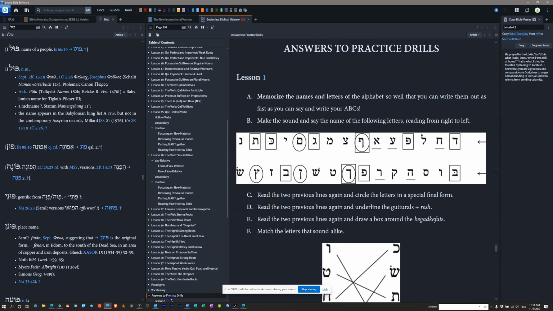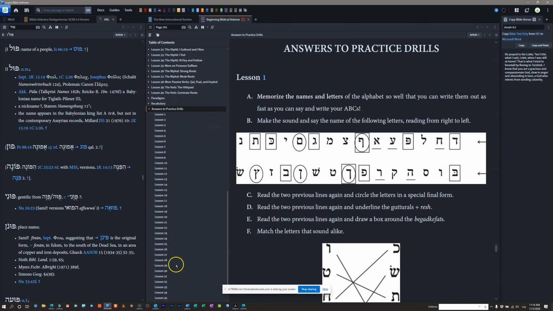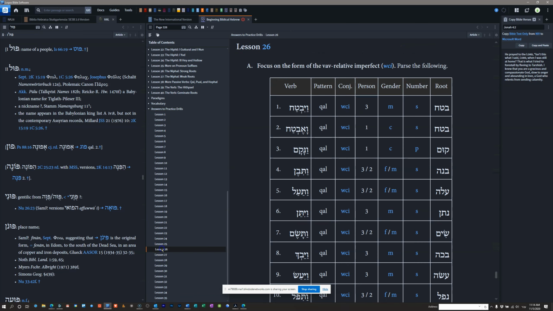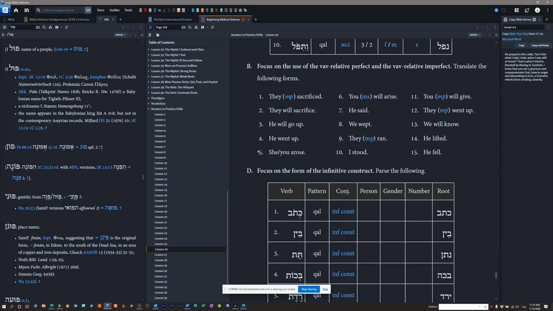So we're in lesson 26. We're on B. And we're looking at gave. Okay, so 11. He says "we'll give." So it must be that the shurik does occur with the vav relative.